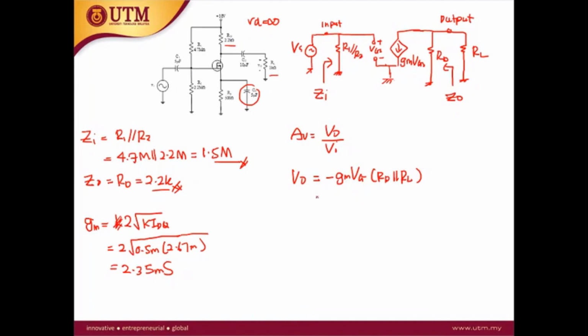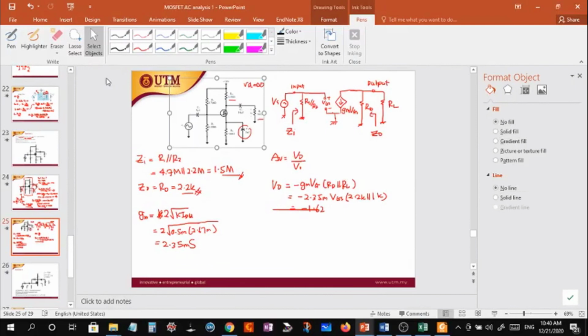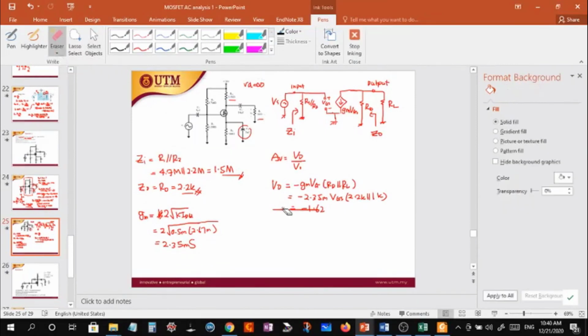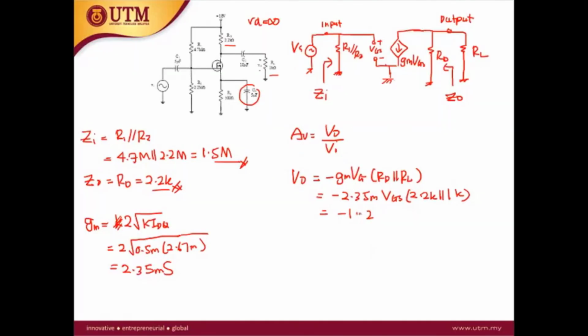So V out is minus 2.35 milli times VGS times (RD parallel with RL). RD is 2.2K and RL is 1K. This will give you minus 1.62 VGS.